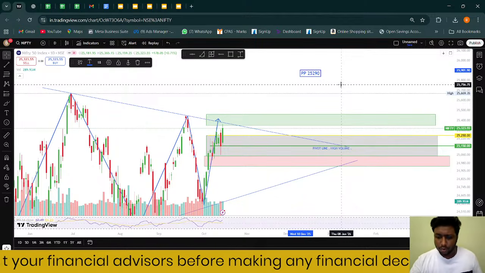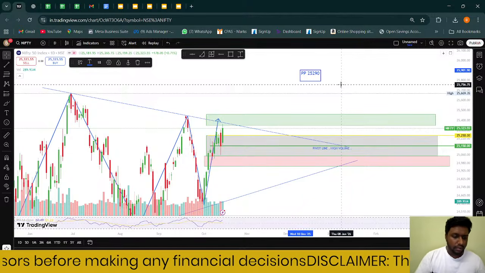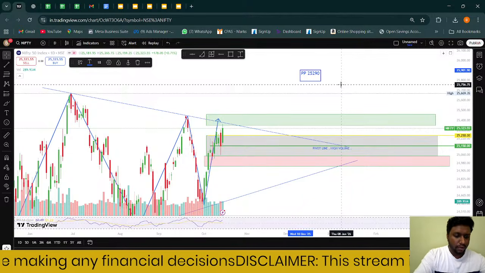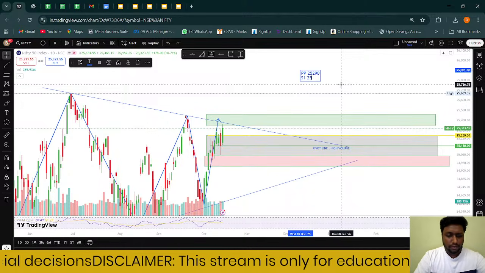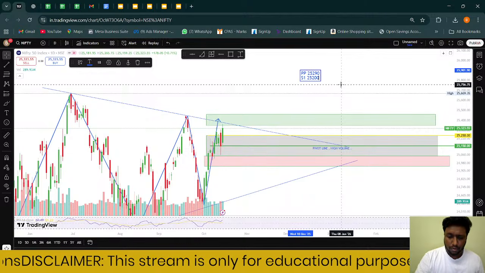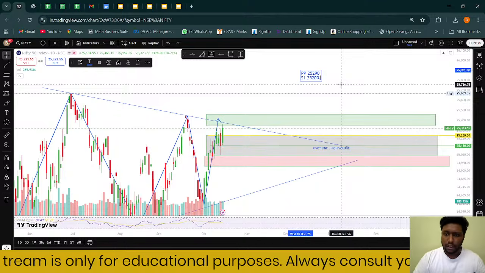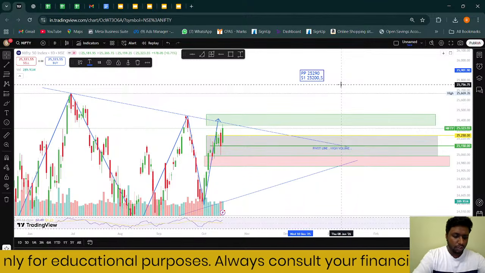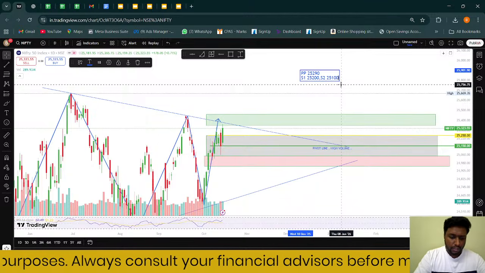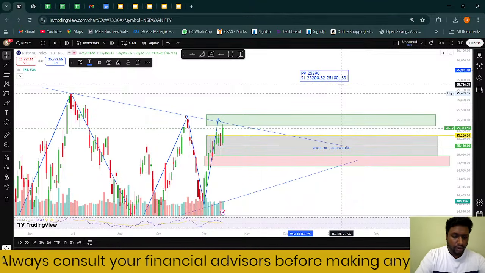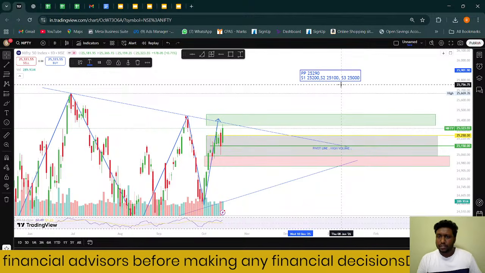With respect to the pivot point, let's mark support 1, 2 and 3. Support 1 is at 25,200, S2 will be at 25,100, and S3 will be at 25,000, which is a psychological level.